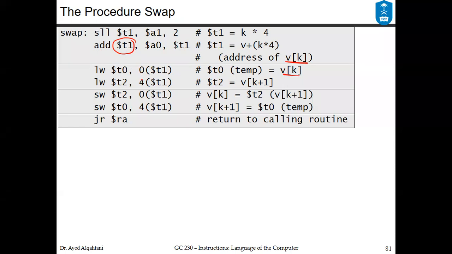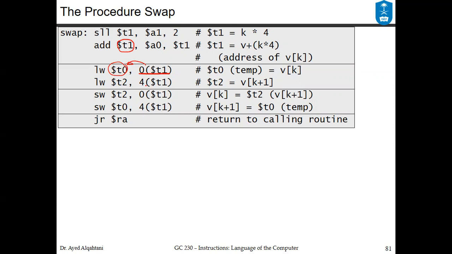If we add 4 more bytes to the offset, I'm getting the next index, which is k plus 1. So right now, I loaded the data that was in this location, that is, the location pointed to by the address stored in the register T1, and you load the value into T0.